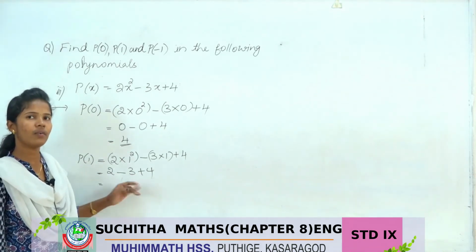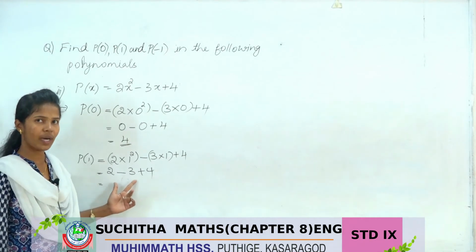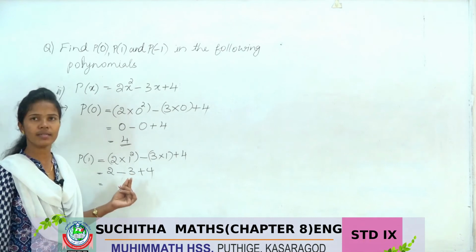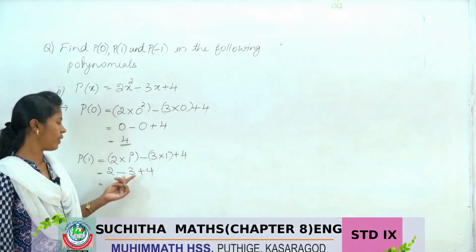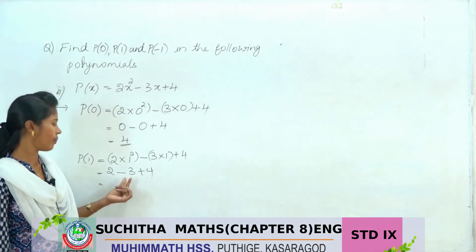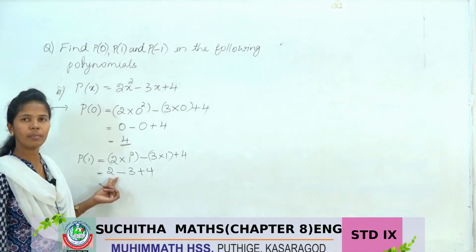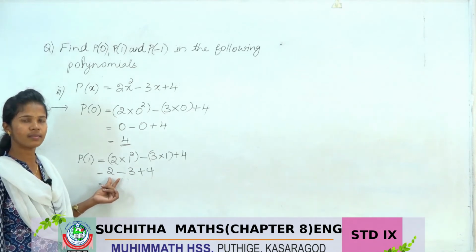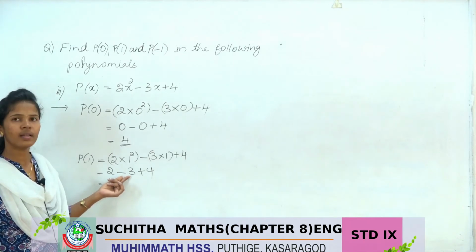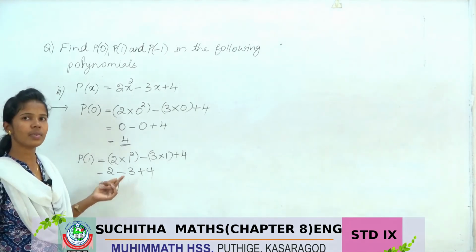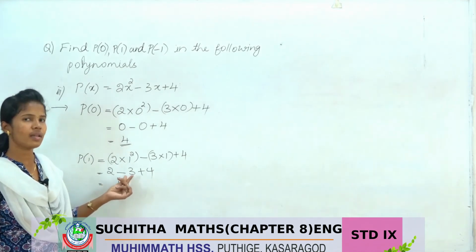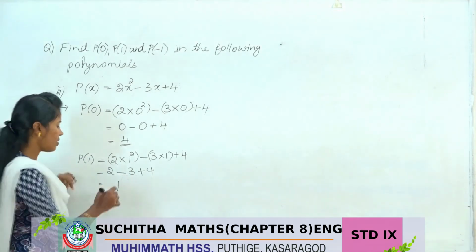So how we can subtract this? 2 minus 3. So here one number is positive, another number is negative. In such a case, we have to first subtract those numbers. Okay. 3 minus 2 is 1. And put the sign of larger number in answer. Here the larger number is 3 and the sign of 3 is minus. So answer is minus 1.